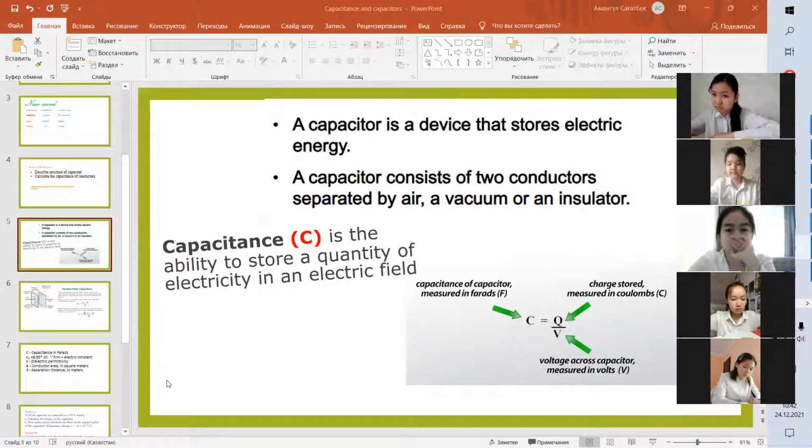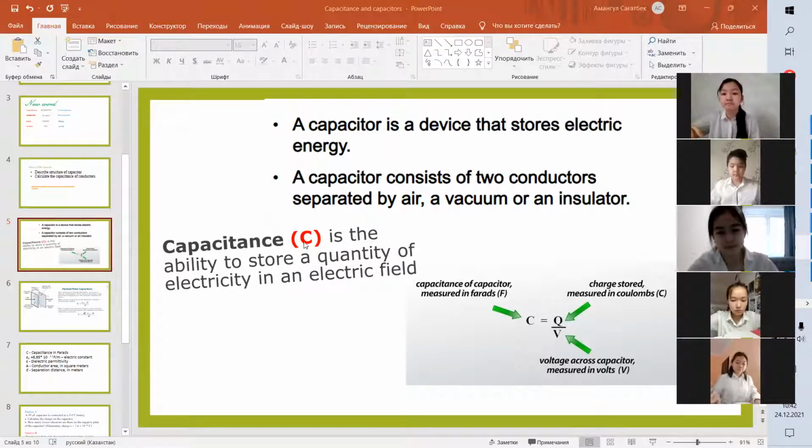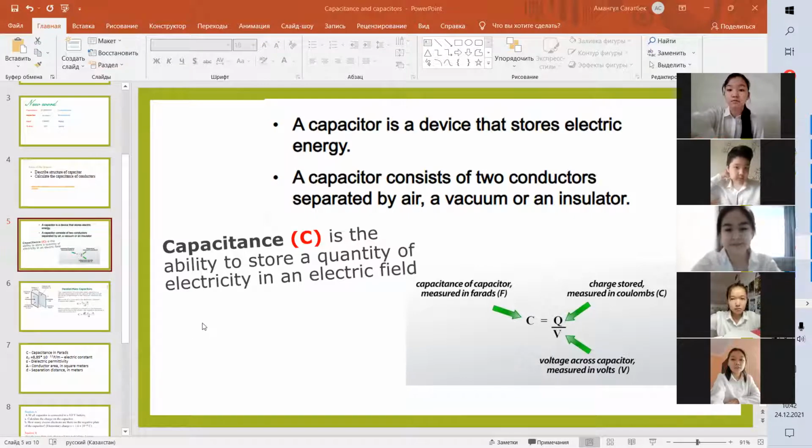Have you finished? Yes. Who can tell me what is the unit of capacitance? Farad. Right.